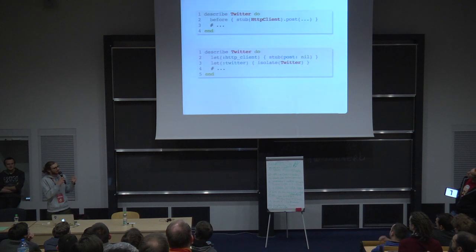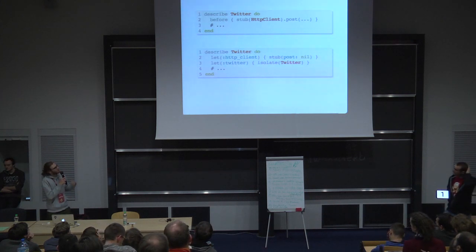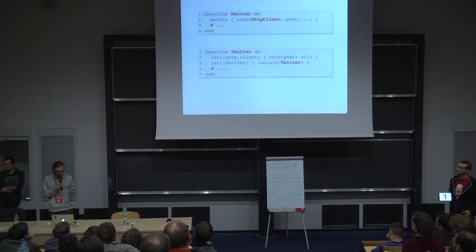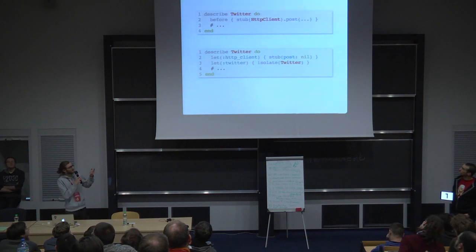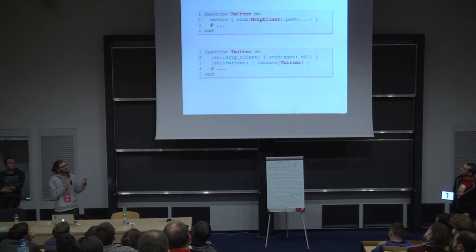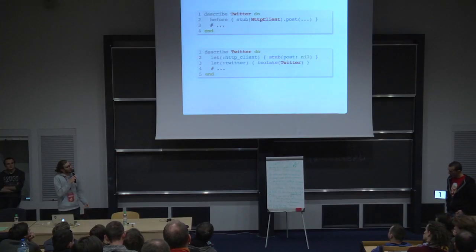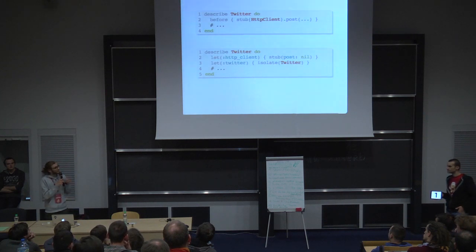In the second example, we can use a special helper called isolate. It just takes from the local context all the dependencies you have for your given class. In the case of Twitter, it takes the HTTP client and plugs a regular one there. But you could as well plug a fake implementation, so you could do the whole isolation without any stubbing.